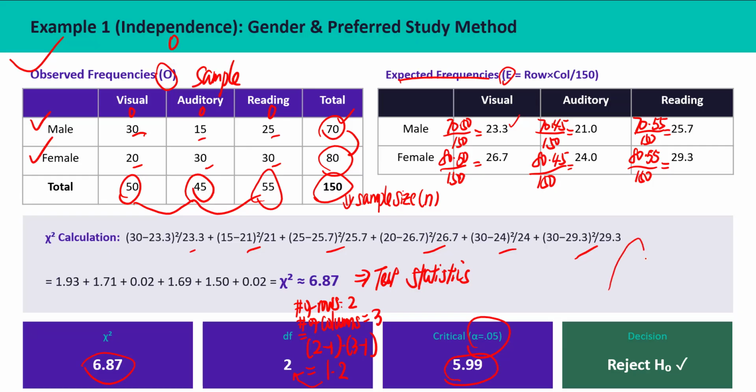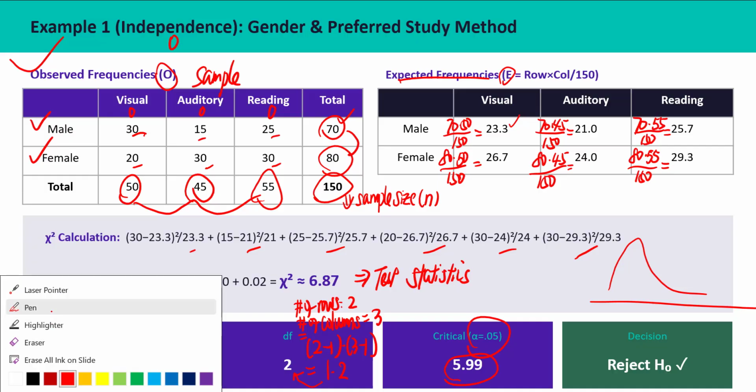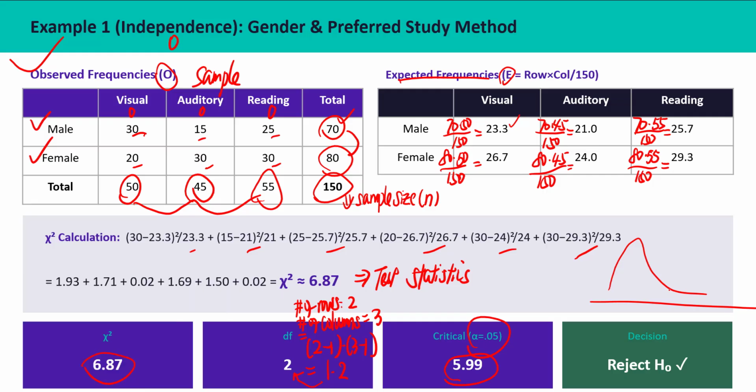And if you draw the chi-square distribution, and then we put this critical chi-square value here, 5.99, this is the rejection region here, and it looks like the test statistic falls in the rejection region.